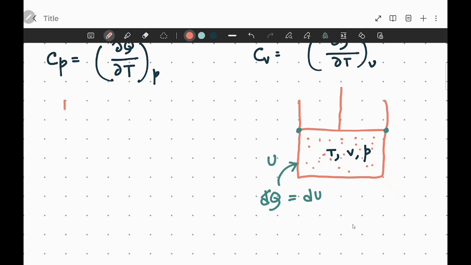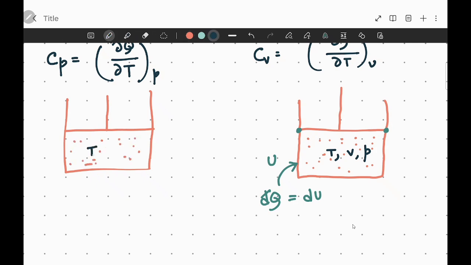But coming here, the volume is not constant. You have to keep the pressure constant. So first it was the same state, T, V, P. In both cases, you have to increase the temperature by 1 degree.